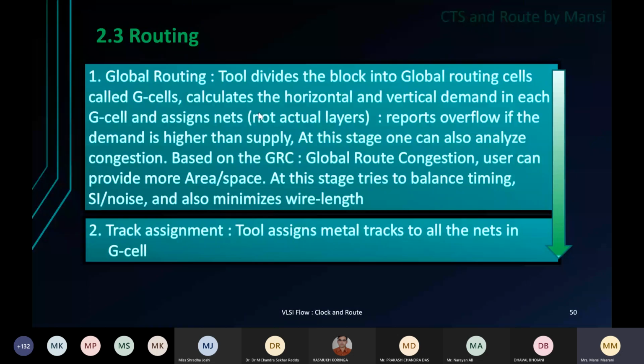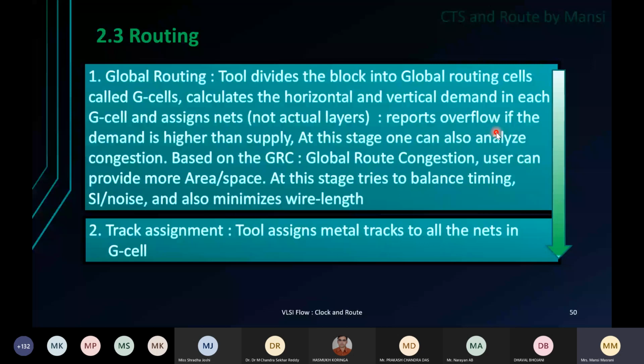Here, this is called overflow. Whenever the tool sees that the actual routing resources available are less than what it needs, it reports overflow, that I am not seeing enough routing resources over here. You are going to end up in routing congestion. That is called global route congestion.